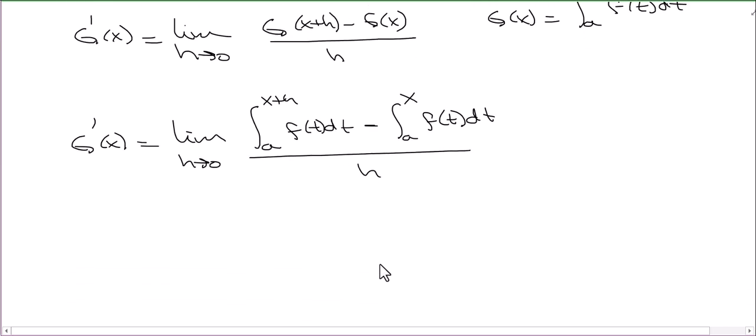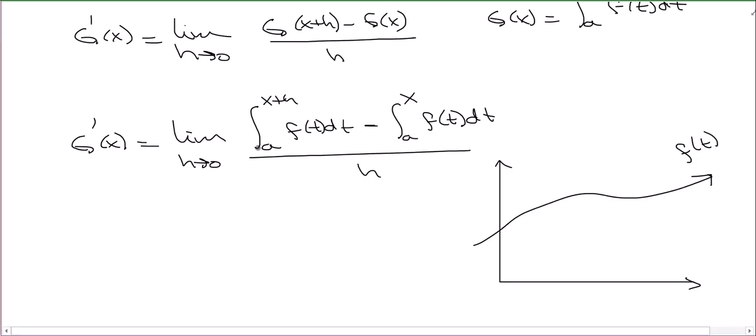Now let's bring in a graph to show what this means, because remember the integral is given as an area. So I have two areas here that are being subtracted. Let's look at this in a visual sense. Let's look at the first area, from a to x plus h.